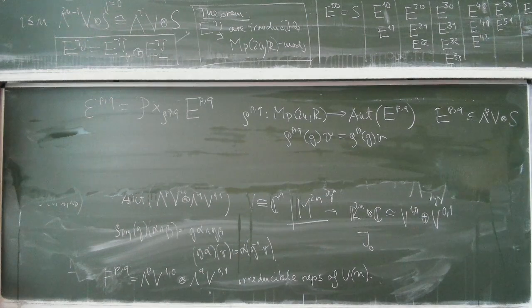Usually in complex geometry, E^{PQ} means a form of degree P plus Q. This is my conventional choice.